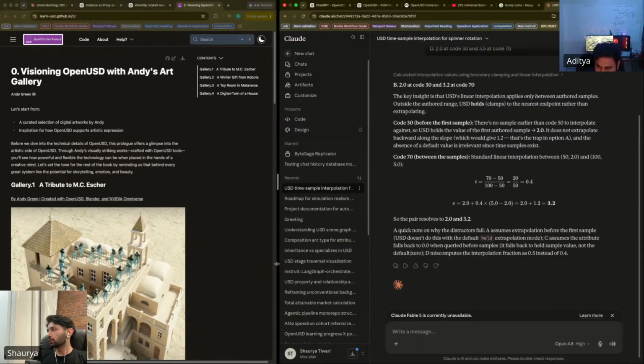The value would be 3.5, divided by the distance between two samples. Oh, okay. So you're finding the 40% way, 0.4.